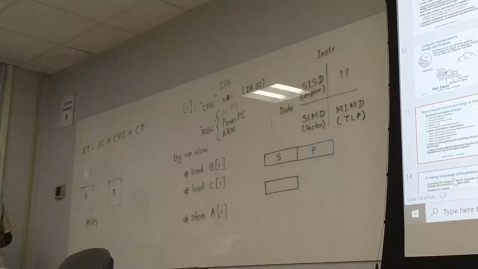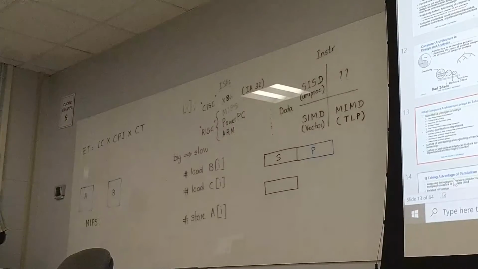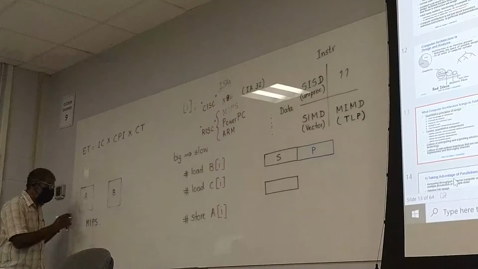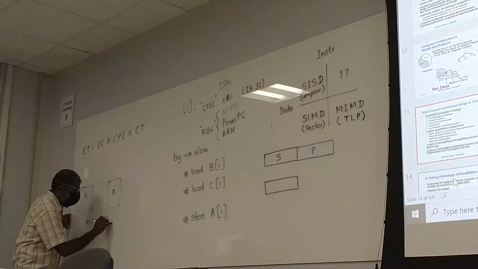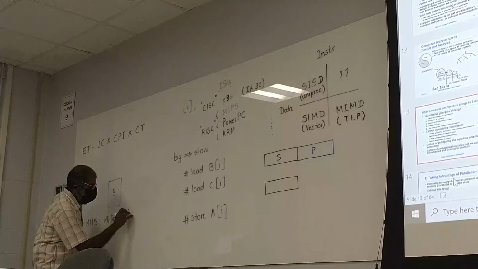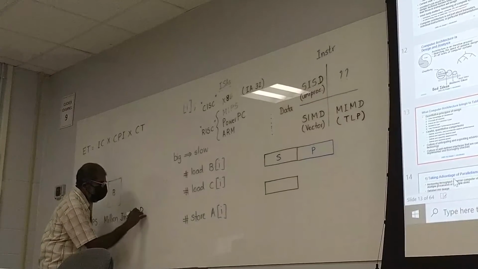That other one was a microprocessor with interlocked pipeline stages. Anyway, this one is million instructions per second.